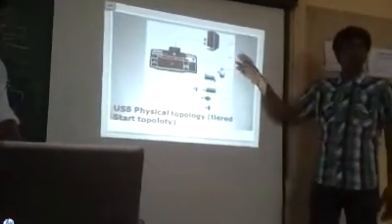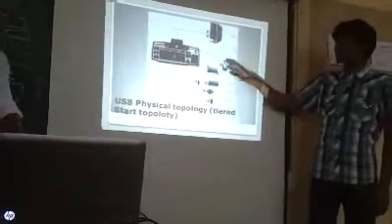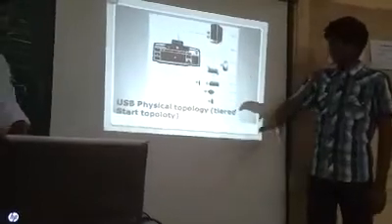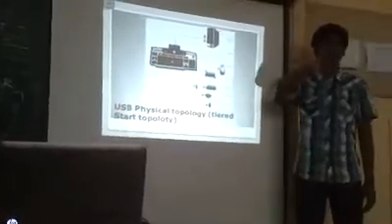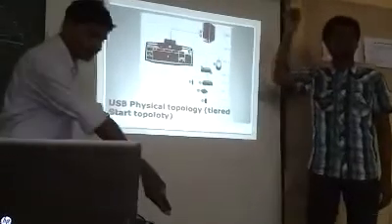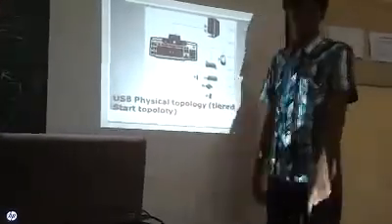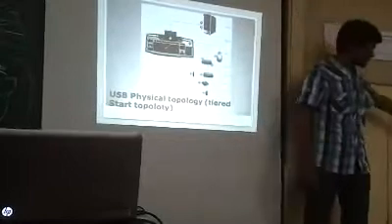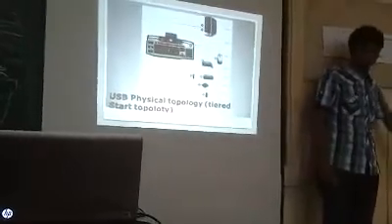What this diagram depicts is that you can have USB hubs. You know the concept of a hub, right? A hub is like an extension board. There is only a single point of communication here, but this extension board gives you the facility to connect multiple devices using a single line.